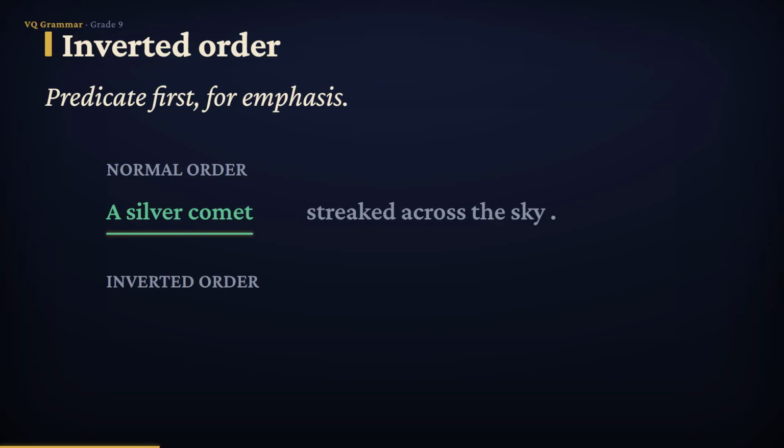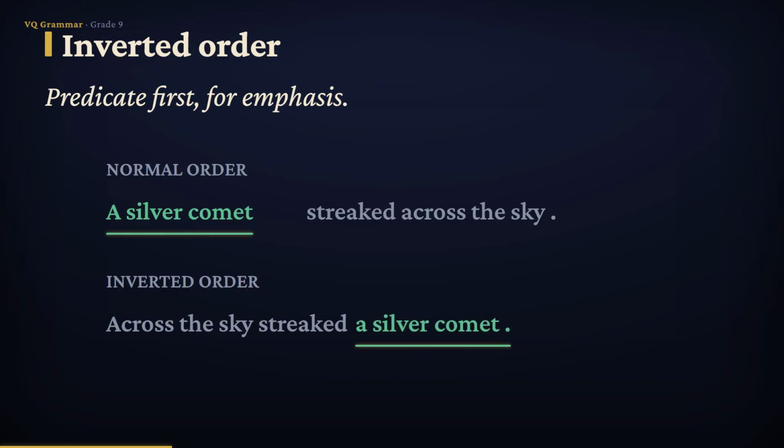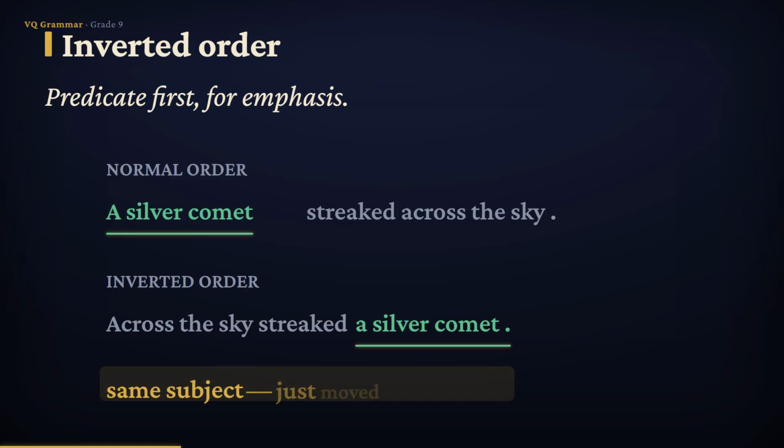But in inverted order, we lead with the action, across the sky streaked, and hold the subject back, a silver comet, lands at the very end. It is the same subject in both lines. We just slid it to the end for effect. Only the position changed, not the subject itself.